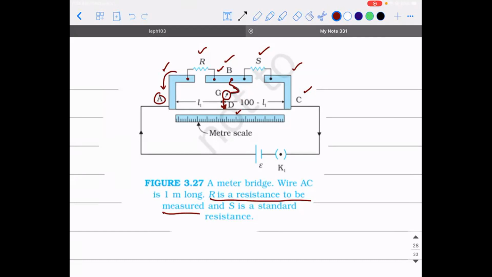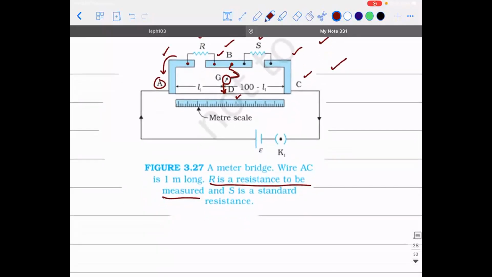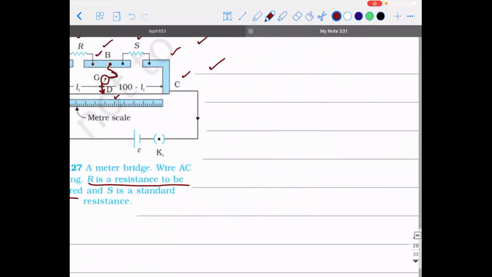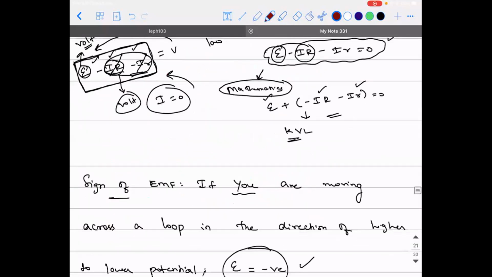And I told you in the beginning itself, to identify it as a Wheatstone bridge with the current knowledge that you have. So what I'm going to do is redraw this circuit. Observe. I'm going to redraw this in this way.